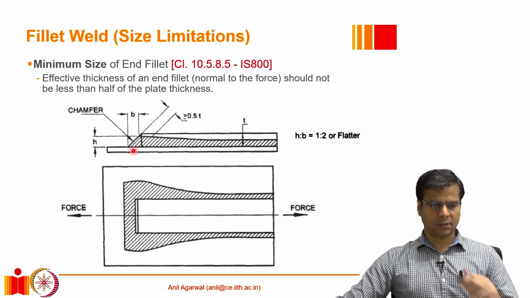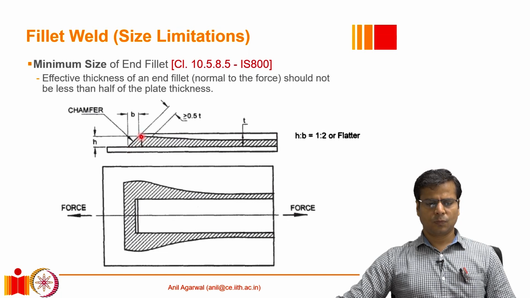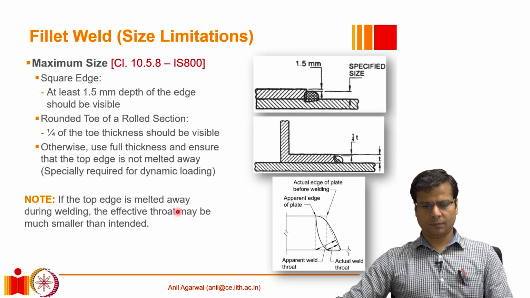It has to be in such a way that the horizontal dimension in this diagram is greater than the vertical dimension by a ratio of at least 2. Also, at the same time, it should be ensured that the effective thickness, that is the root thickness of this fillet, should be greater than or equal to the thickness of this plate.